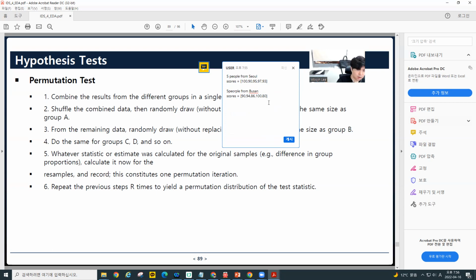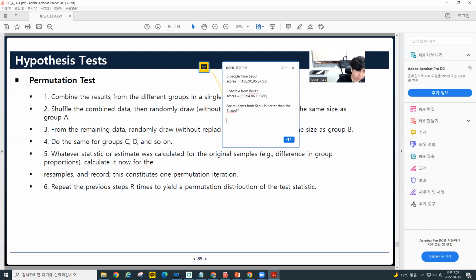So we can find that the mean of the students from Seoul is better than the Busan. So we are very interested in this hypothesis.